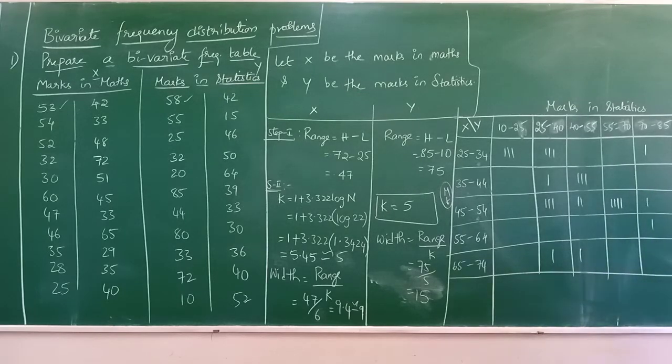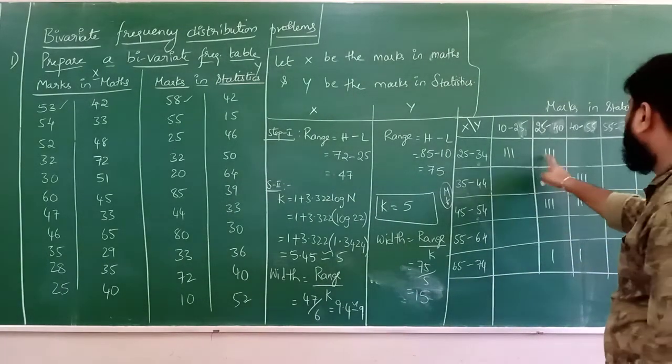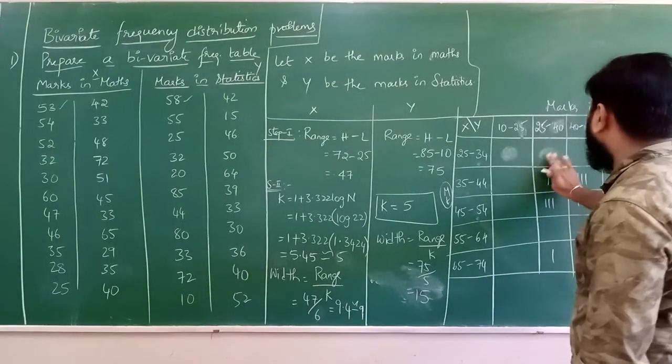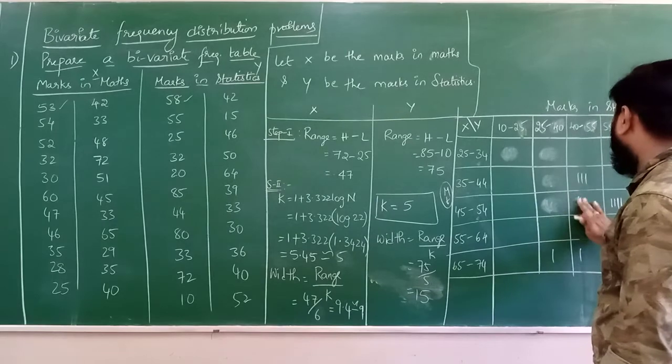How many total? So somewhere a value is repeated, I suppose. First observation. So we shall do all the tallies once again.